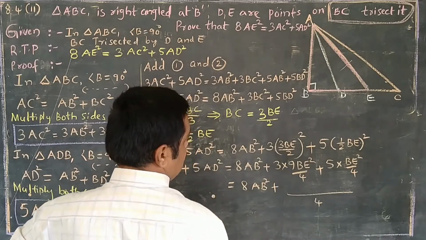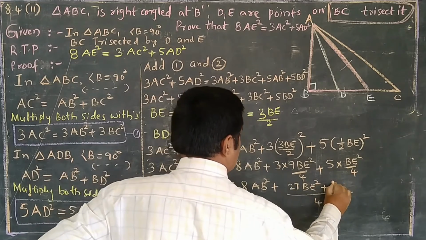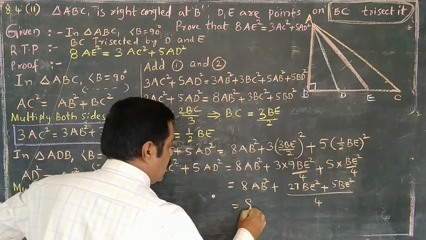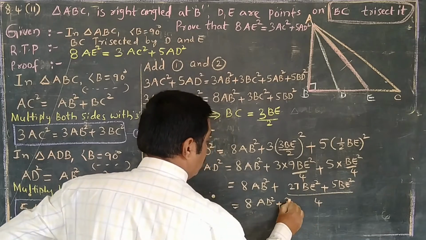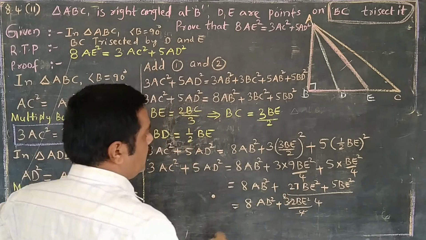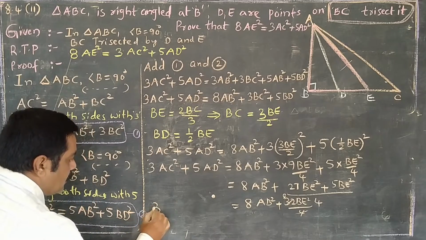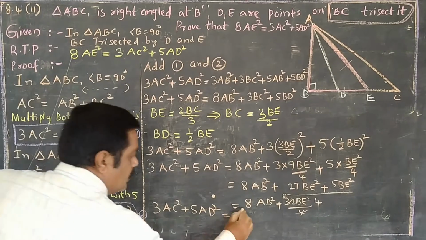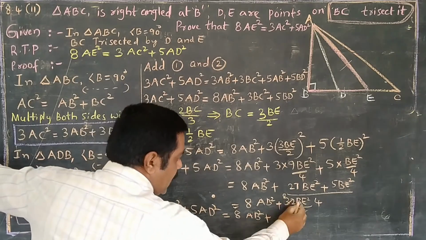This is 27BE square plus 5BE square, so 8AB square plus total 32BE square by 4. 4 eights are 32, so 8 you take as the common. 3AC square plus 5AD square is equal to 8AB square plus 8BE square.